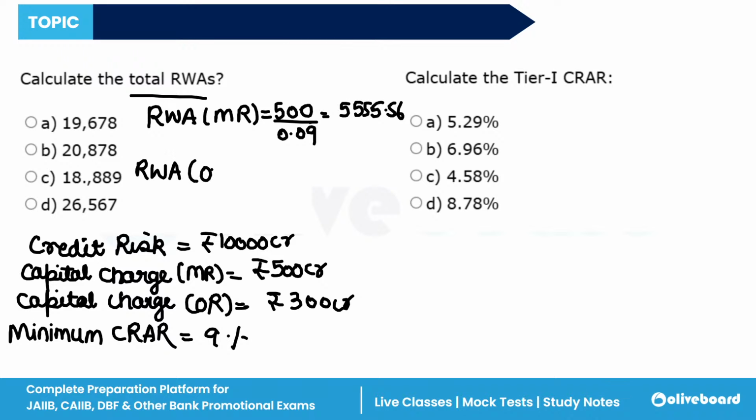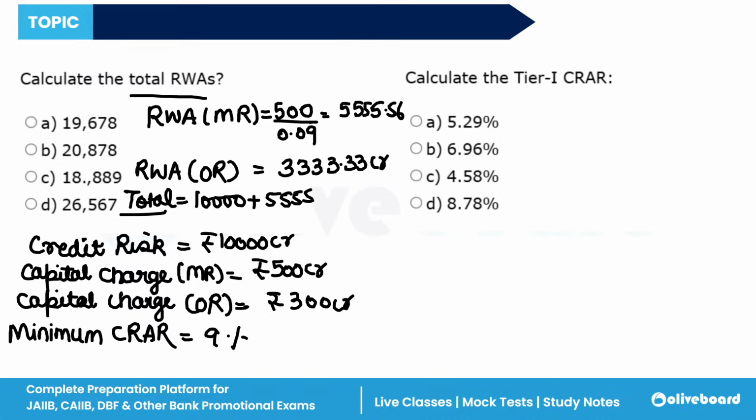RWA for operational risk, which is already calculated. Now total: 10,000 crore, market risk, which is equals to 18,888.89 crore. So option C is correct.